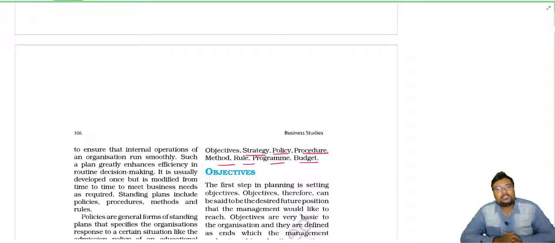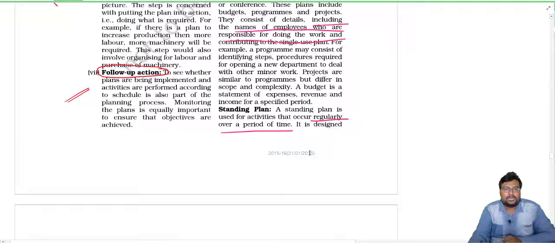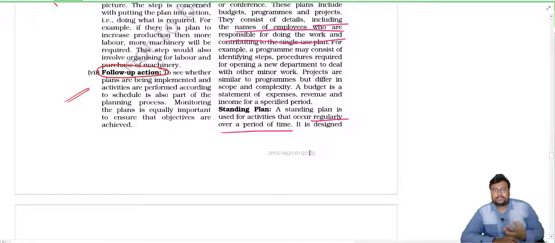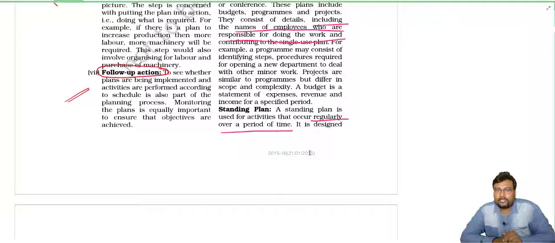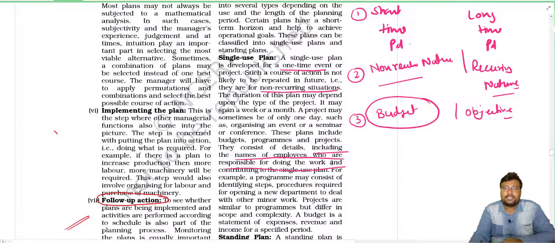So basically budget is known as a single use plan, but some budget policies come in a standing plan. So if somebody asks whether budget is a single use plan or a standing plan, the simple answer will be single use plan. But if it is asked about budget policies, fixed policies, it is a standing plan.